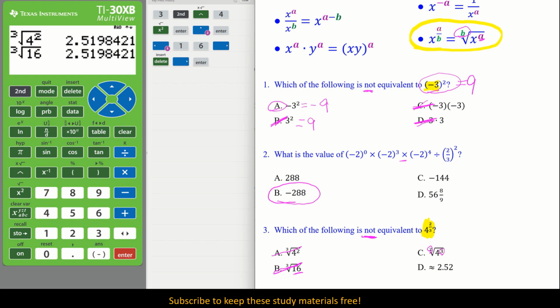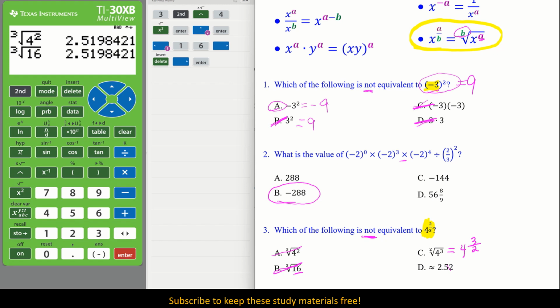I'm going to erase that, and my technology's not happy with me. So let's show what it actually equals. This would actually equal 4 to the 3 halves. Definitely not the same thing.